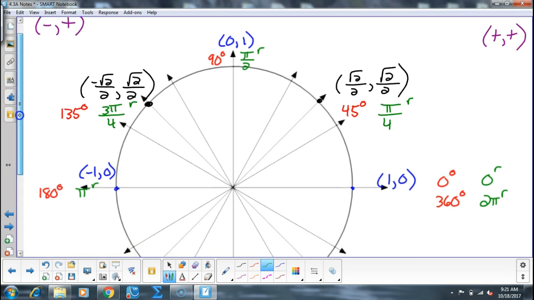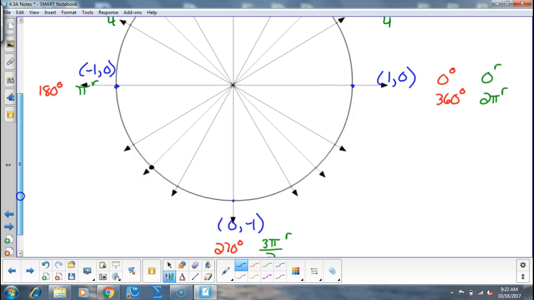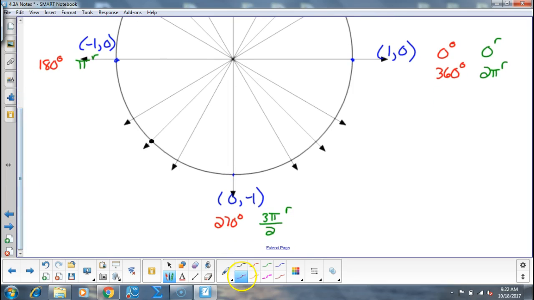Okay. Let's drop that like it's hot. Let's drop down here to there. What's the coordinates of that point down here? Remembering that we're in quadrant number 3 now, so they both have to be negative.